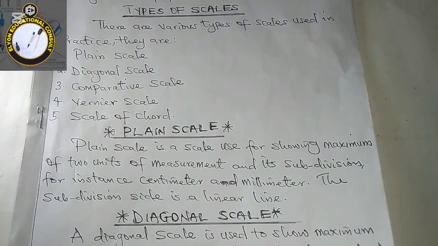When we are doing the construction, you will understand what I mean by that. So plane scale shows a maximum of 2 units. For example, 7.2, 6.4, 3.4, 3.5, like that. So we use plane scale for 2 units of measurement.